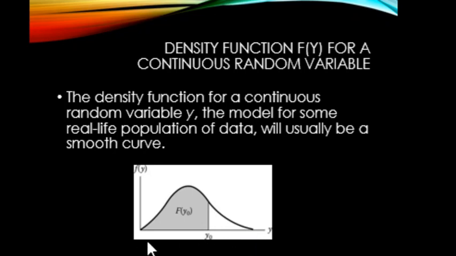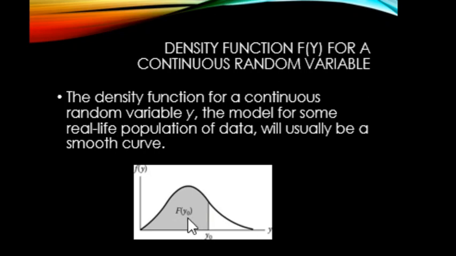Okay. Now, if this is the density function, then the area under the curve is the probability. So this total probability under the curve is 1. So we are thinking in terms of area. The total area will be 1, and then the proportion of area under the curve will be the probability. So let's say we have a value y is 0.